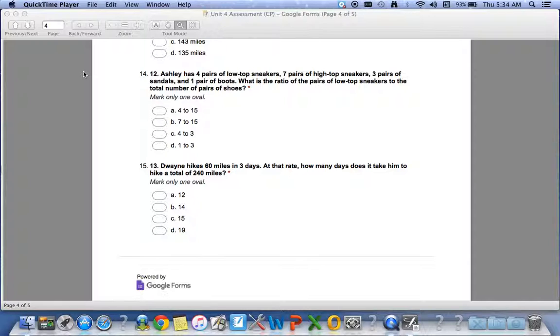Ashley has 4 pairs of low-top sneakers, 7 pairs of high-top sneakers, 3 pairs of sandals, and 1 pair of boots. What is the ratio of the pairs of low-top sneakers to the total number of pairs of shoes? Is it A. 4 to 15, B. 7 to 15, C. 4 to 3, or D. 1 to 3?